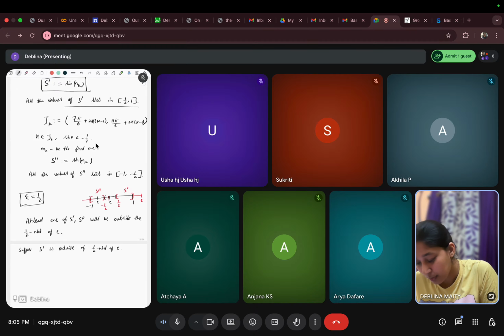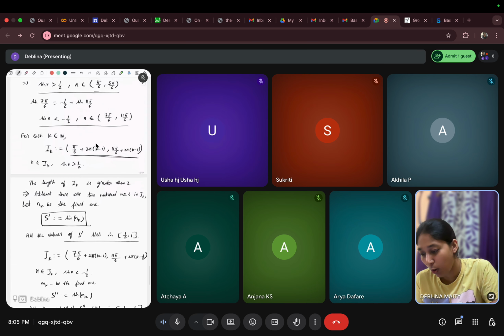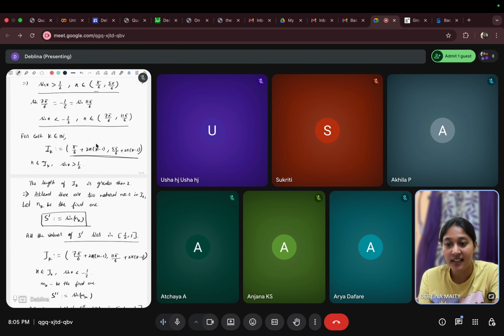S dash is outside of this neighborhood, so C is here and S dash is, suppose this is the half neighborhood of C, and this is S dash, and S dash is all this sin nk. So we can find a natural number.